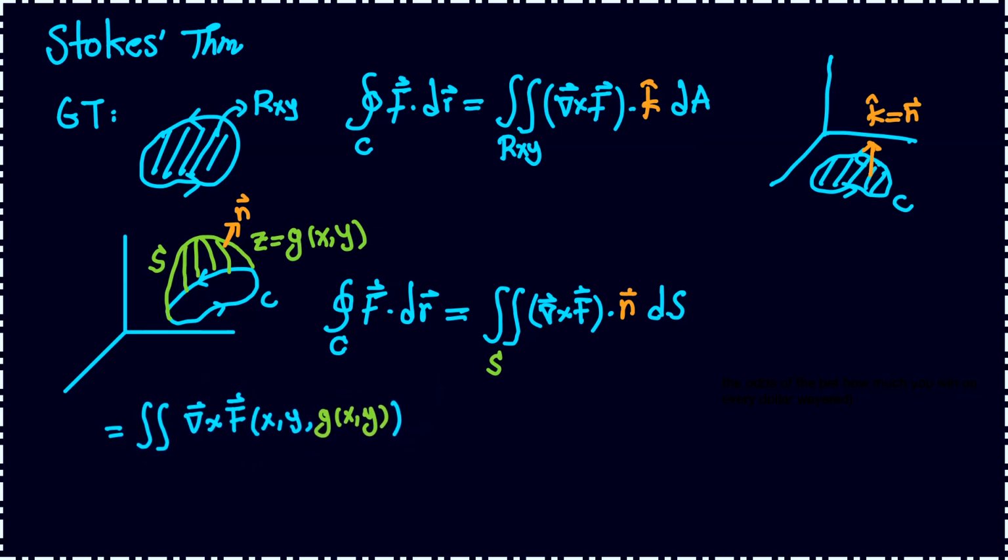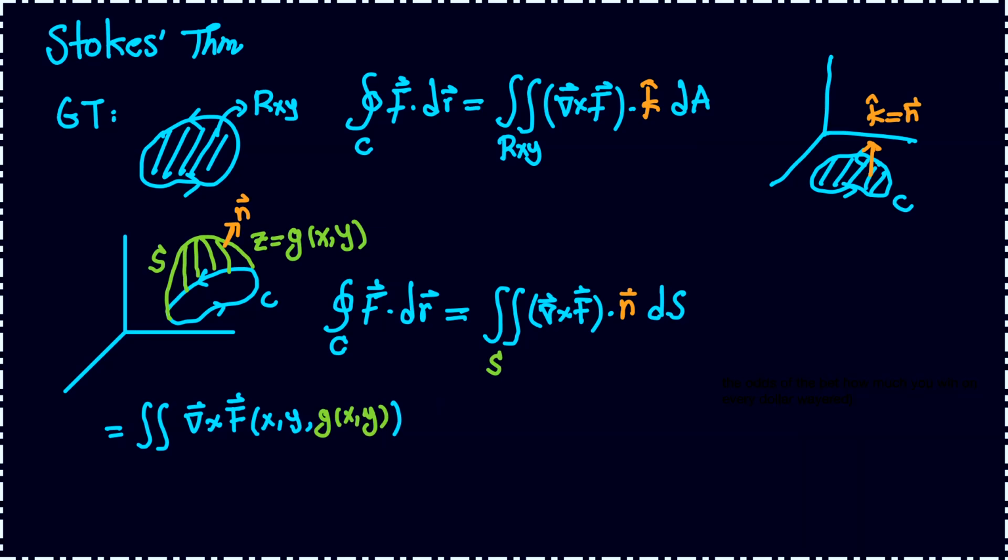And then n, we talked about n already. n is the unit normal to the surface, which can be obtained by the gradient.